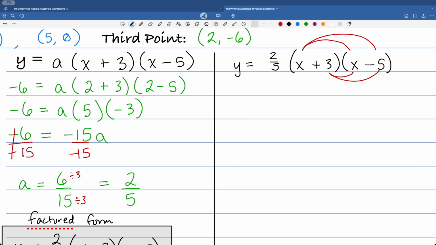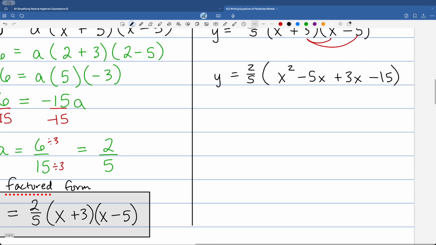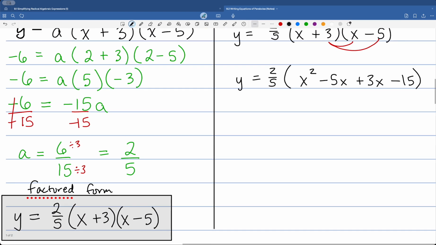So this is going to give us y equals 2/5 of x squared minus 5x plus 3x minus 15. We then have y equals 2/5 of x squared minus 2x minus 15.